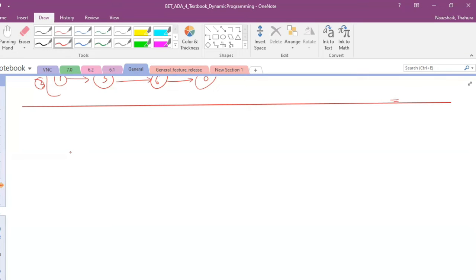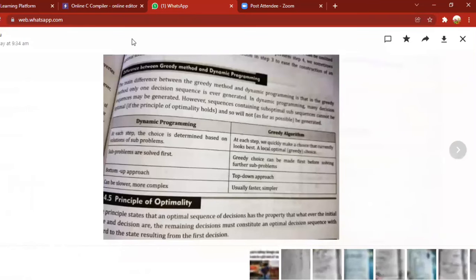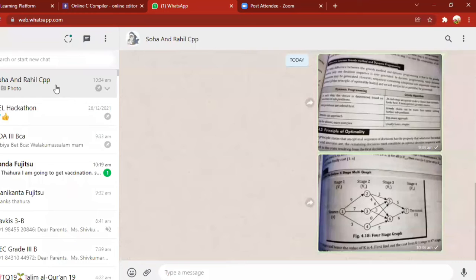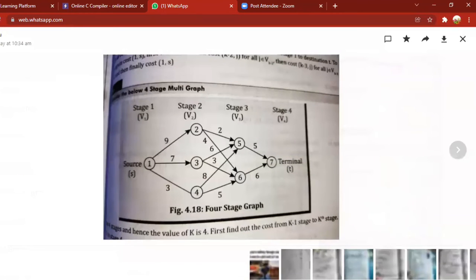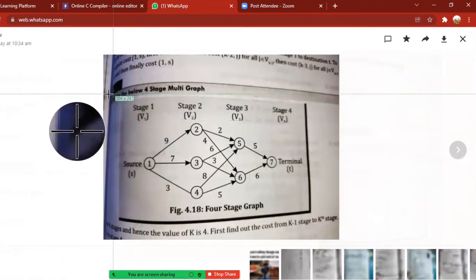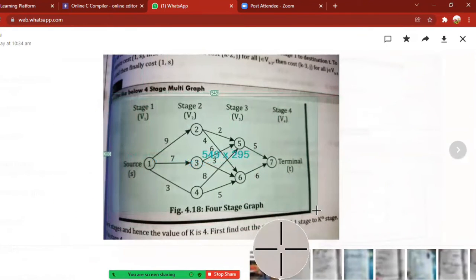I'm just taking a pic and sharing it so it's easy. Let's try to solve this.